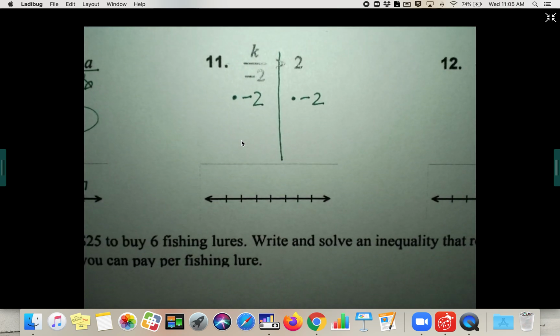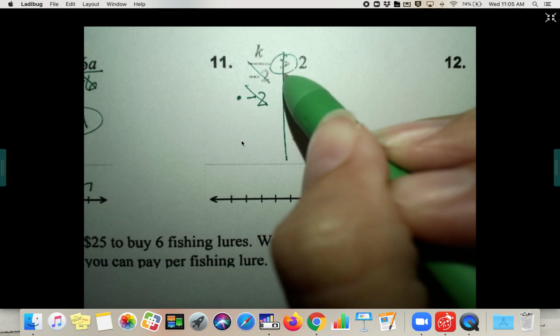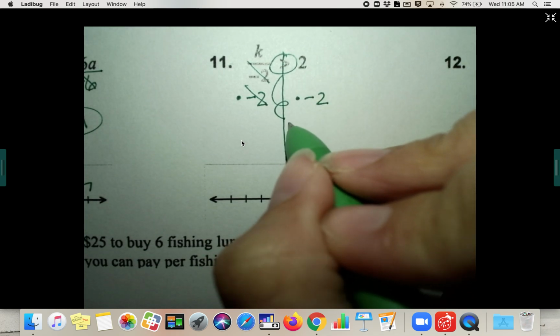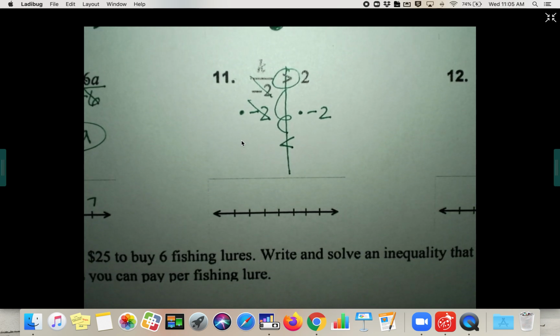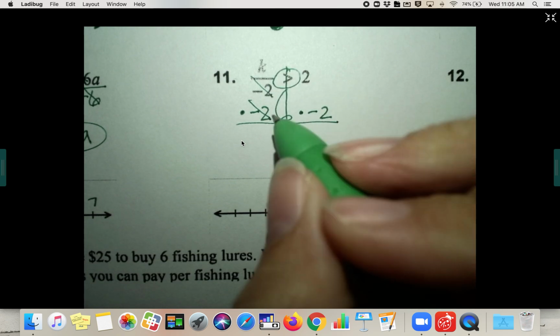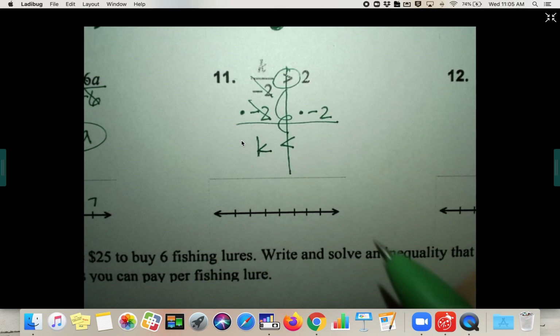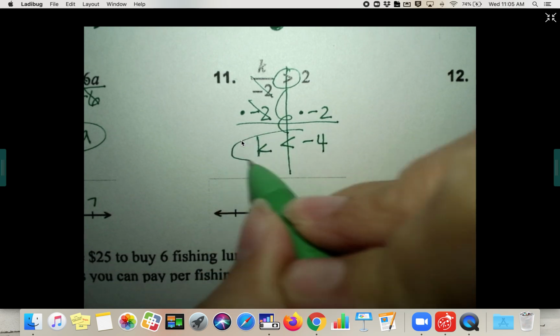So we are multiplying both sides by a negative. So we want to take that symbol and loop-de-loop, switch-it-a-roo the other direction, because we are multiplying now, both sides by -2. All right, so K is now going to be less than 2 times -2, which is -4.